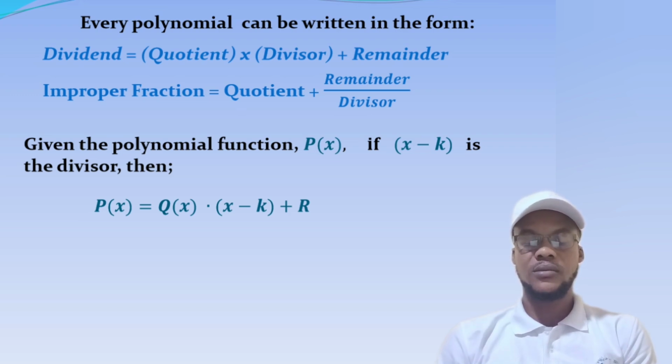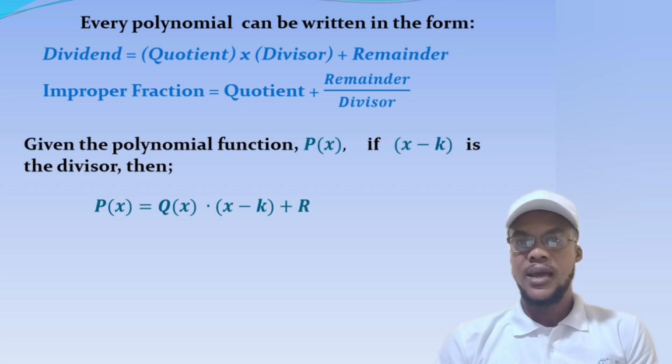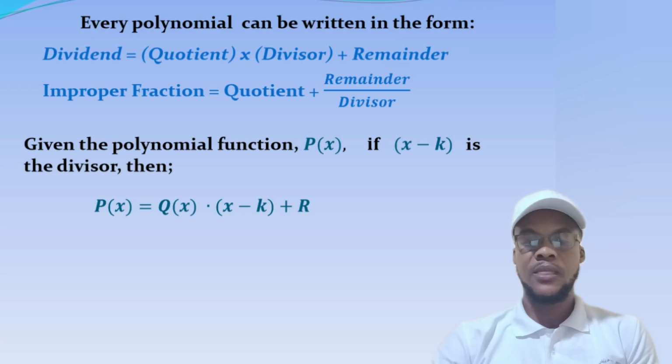So for this concept, let's find the zero of x minus k. We've done this previously. If you had to find the zero, then x minus k is equal to 0.